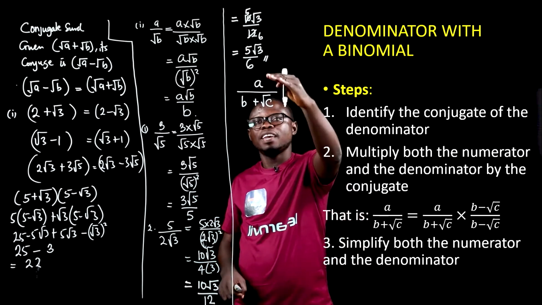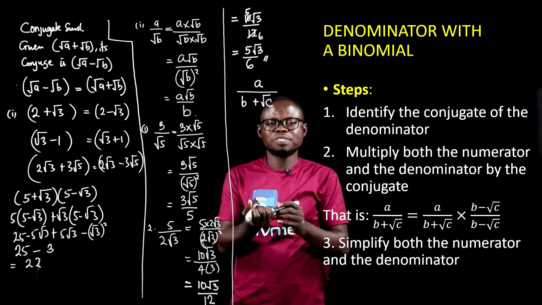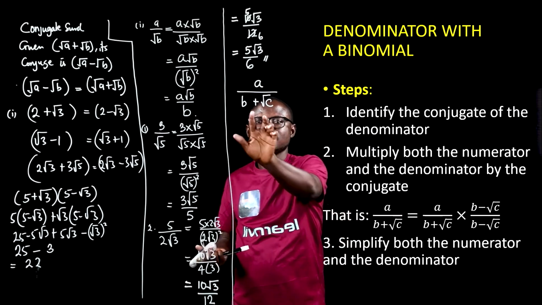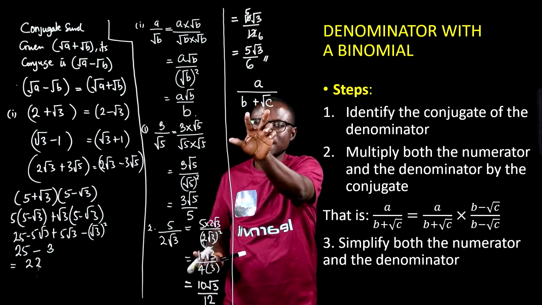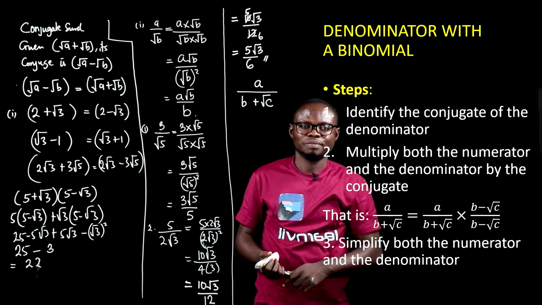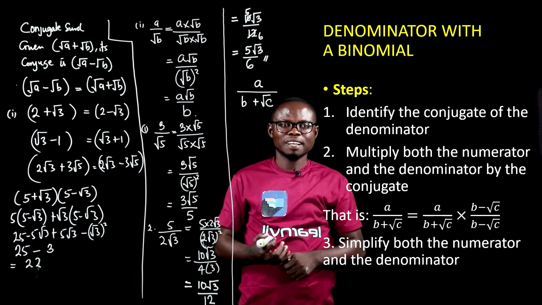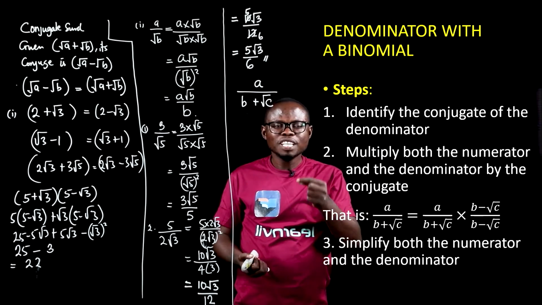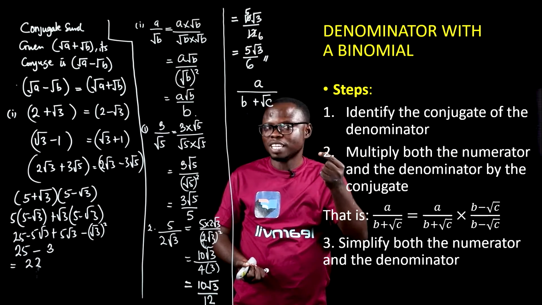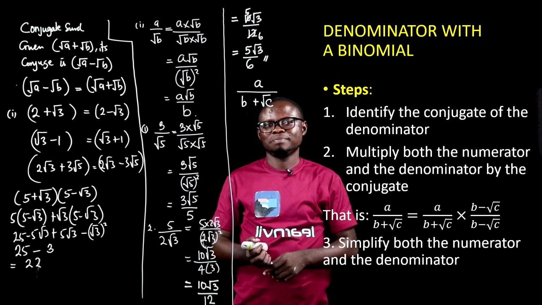We have a over b plus root c. This is a binomial, 2 terms. So to rationalize the denominator, 1, you need to identify the conjugate of the denominator.